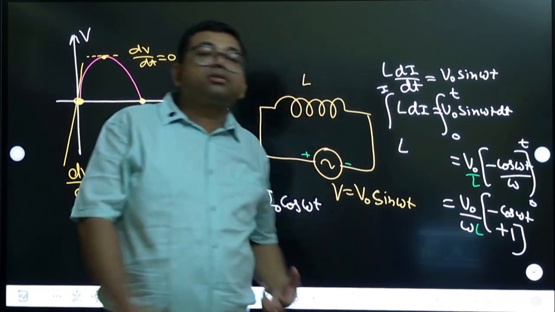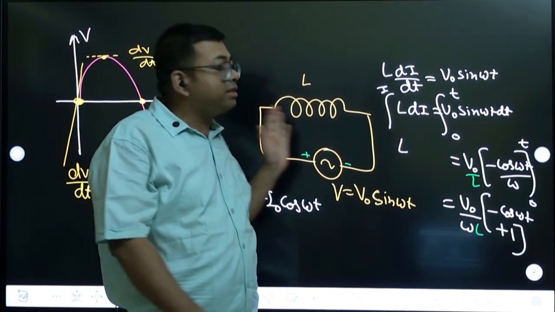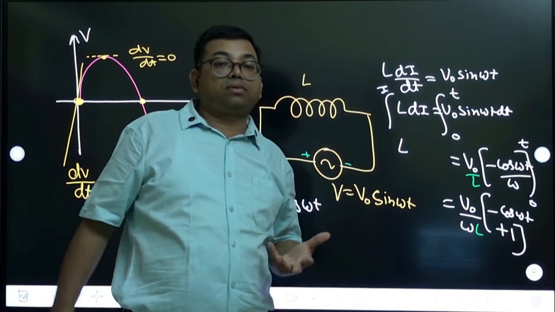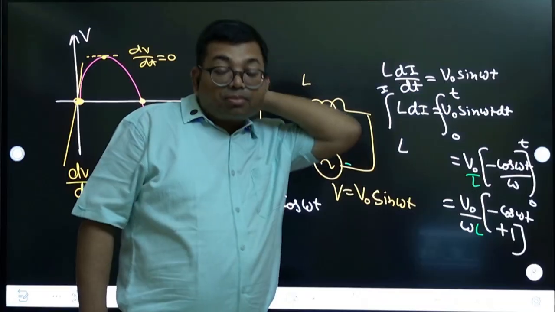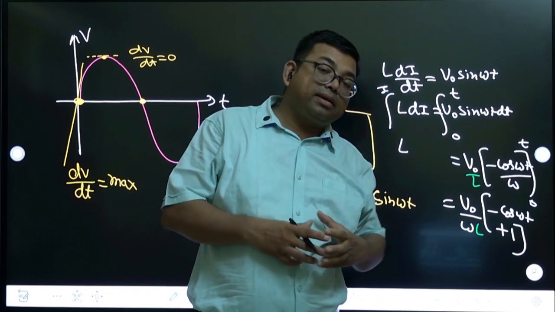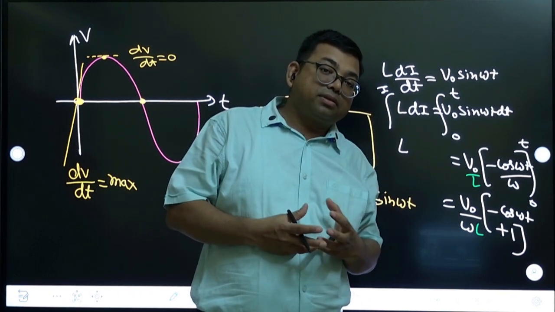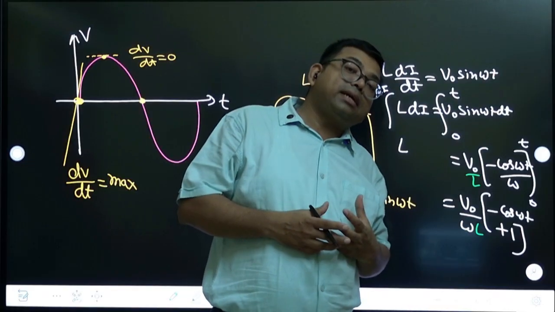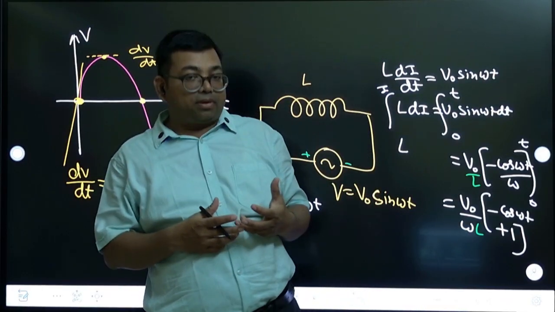And because of such quick change of voltage, the current is maximum initially itself, because that is the inductor's property. An inductor behaves through induction, so if something changes in the inductor, then only induction happens.